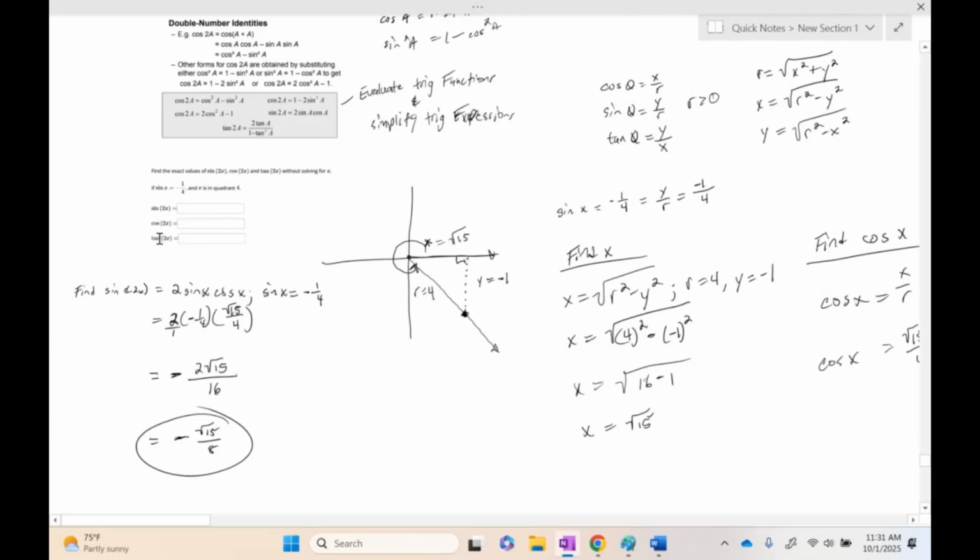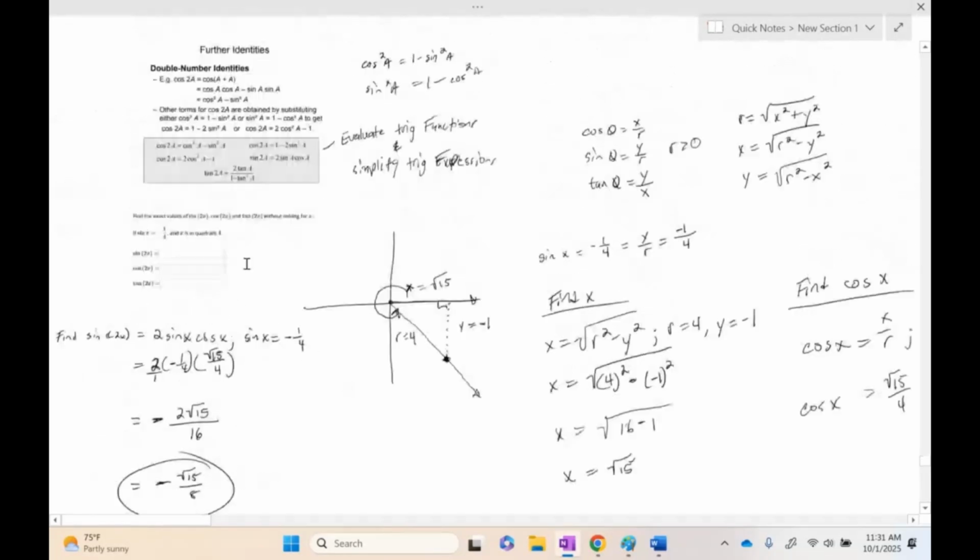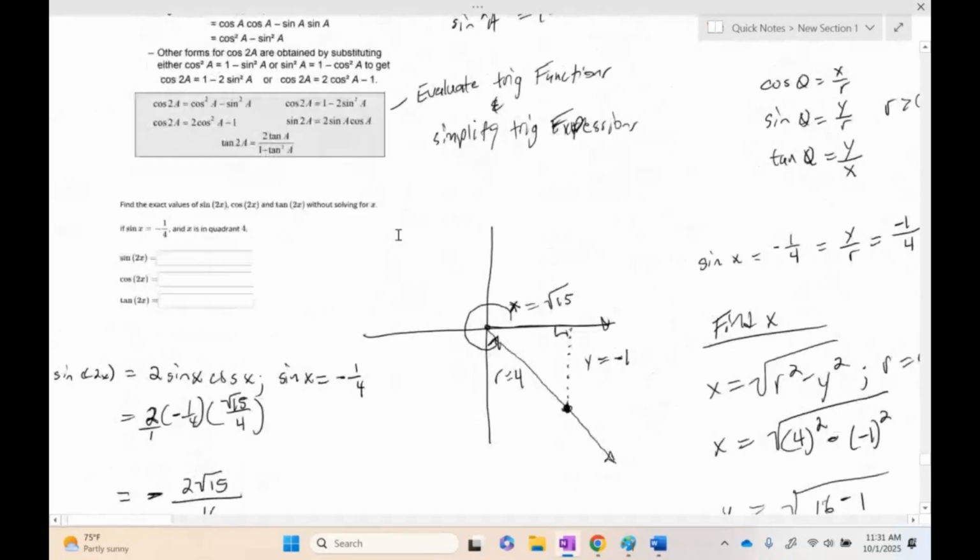So now I'm going to do the same thing for the double angle for cosine. I'm going to write out the formula. So we're going to find the cosine of 2x. And the cosine of 2x from our formula says it is. Now we got a choice. Doesn't matter which one you use.